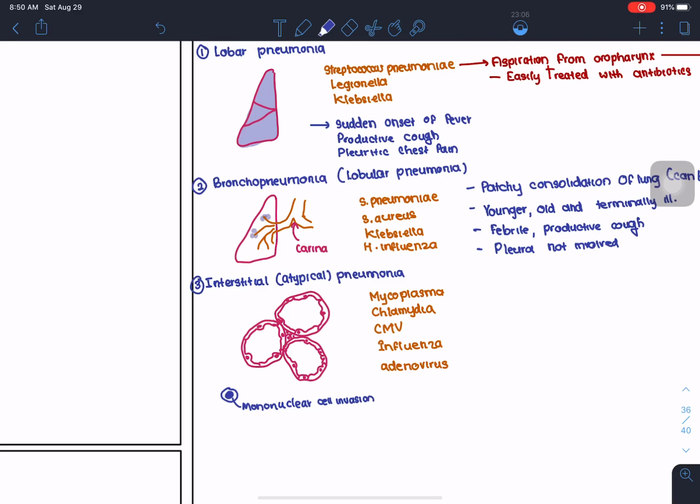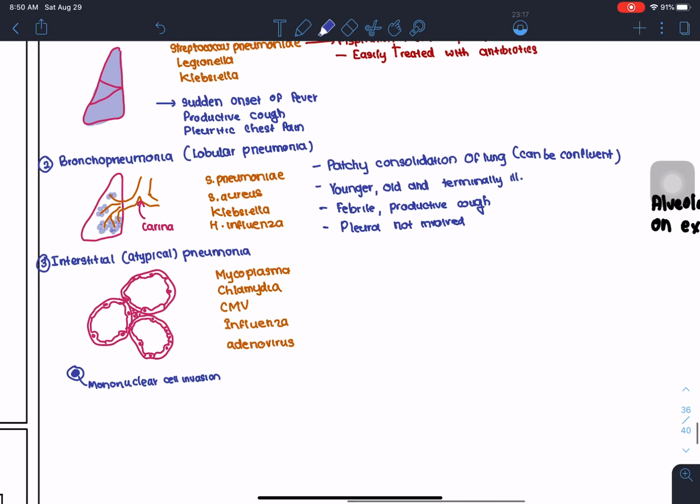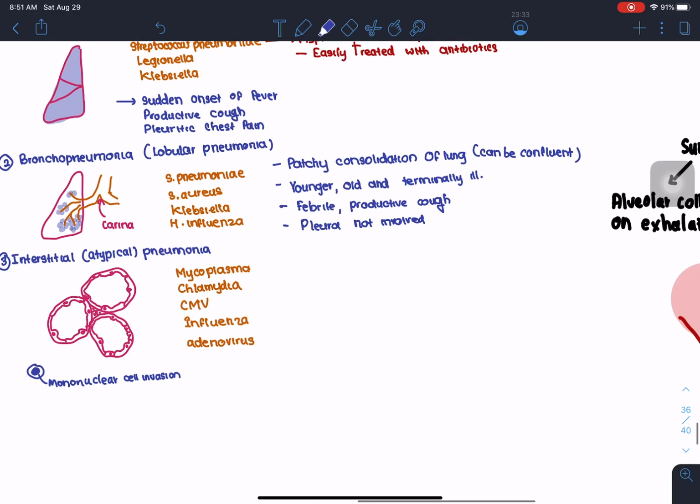So at the end of this, you get the pneumonia infection, and this is the dangerous one, and it affects younger people, old people, and terminally ill people. That is one reason why we are at less risk of death due to coronavirus, and that's why older people are at a higher risk.